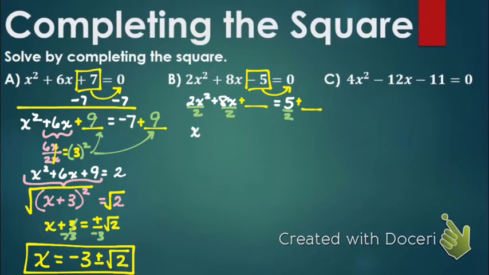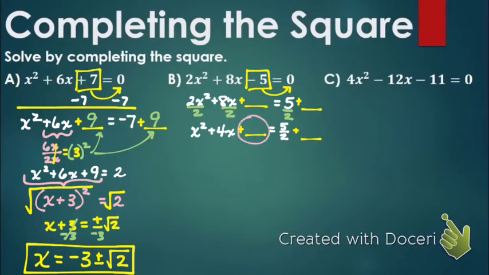So now I would have x squared plus 4x plus whatever this term is equals 5 over 2 plus this missing term. Help me come up with what should go on that line.